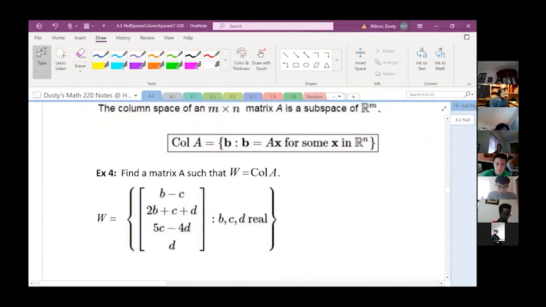So in example 4, I want to find a matrix A such that W is equal to the column space of A. So let's see how this plays out.